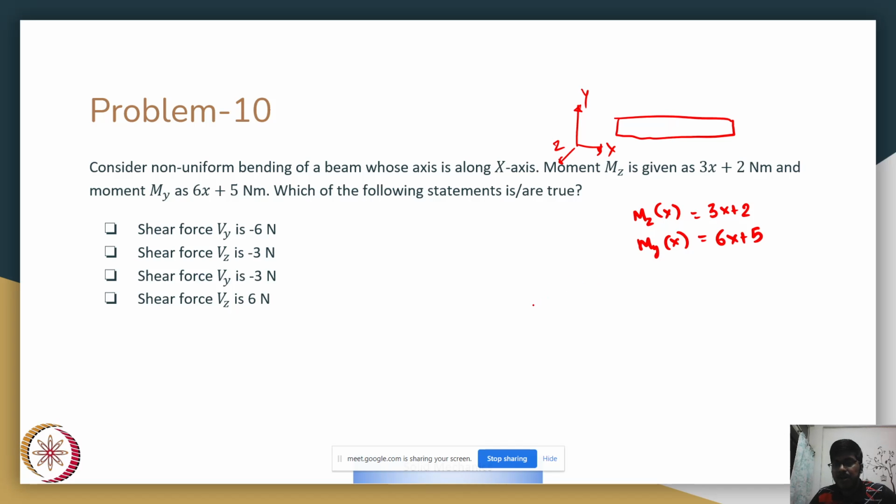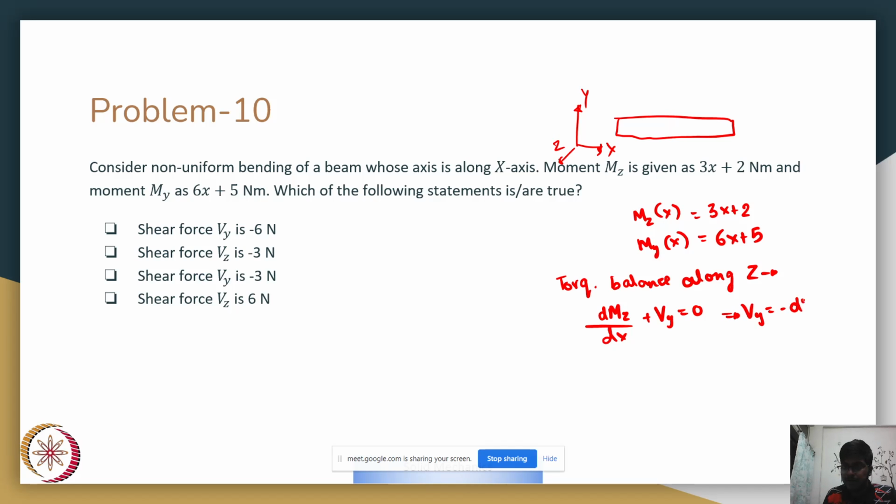So if you apply torque balance along z, what you end up with is dMz by dx plus Vy is equal to 0, which implies that Vy should be equal to minus dMz by dx, which is nothing but minus 3.